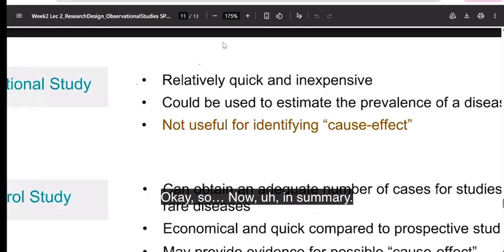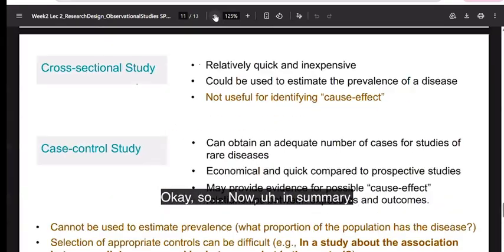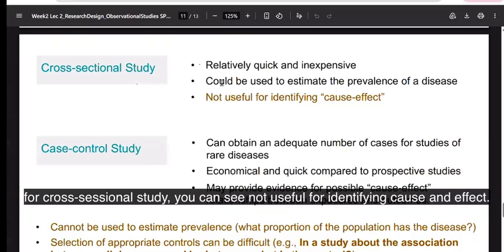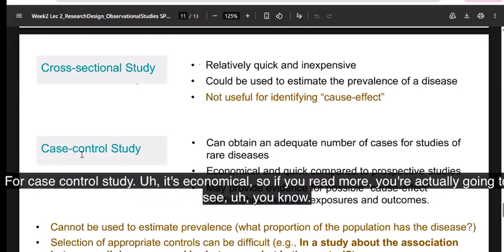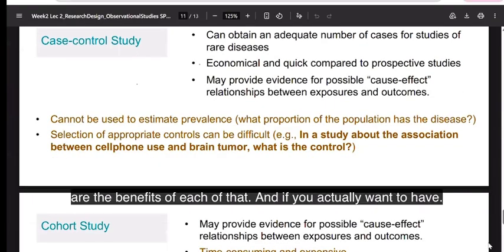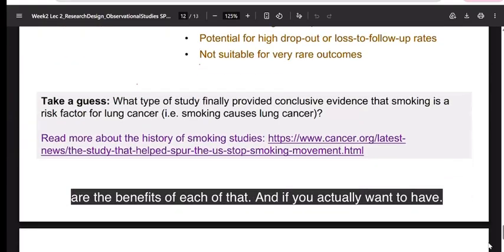Now, in summary, a cross-sectional study is not useful for identifying cause and effect. And of course, a case control study is economical. If you read more, you're going to see the benefits of each of them.